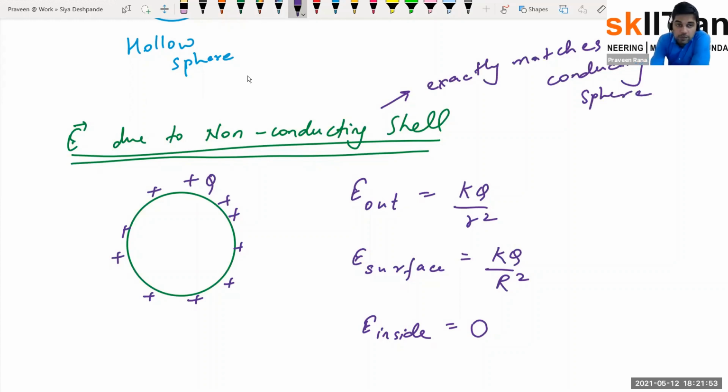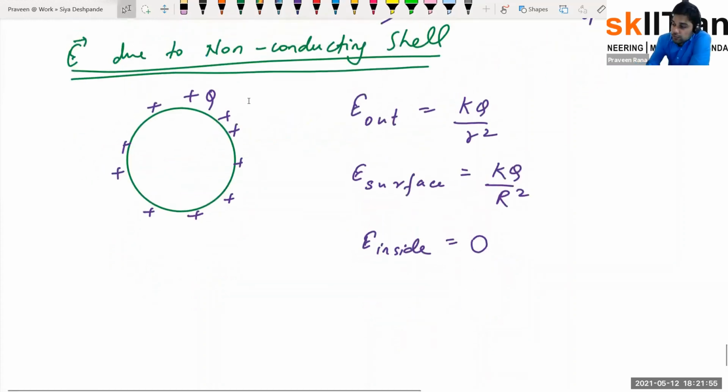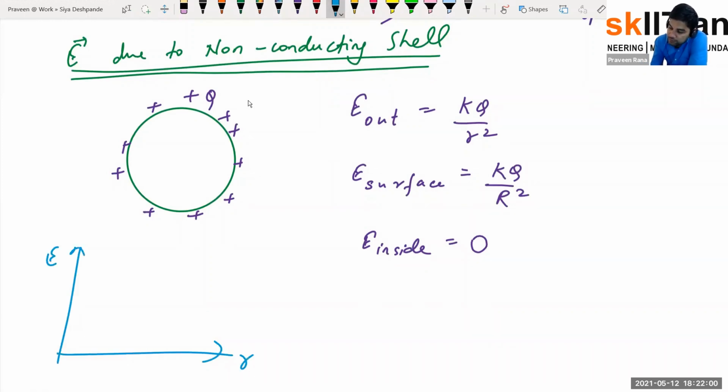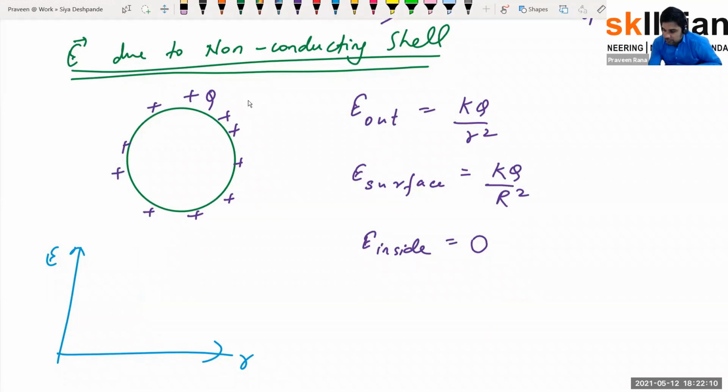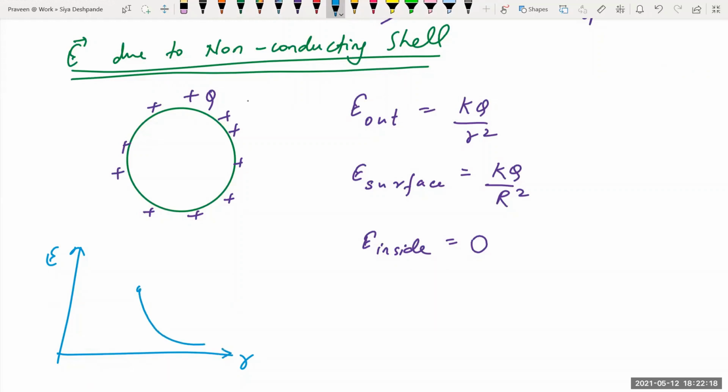So if you are asked to draw a graph of electric field versus distance, the graph would look exactly the same. And this doesn't look like a hyperbola. So they have taught you in school this topic, right? Yes.